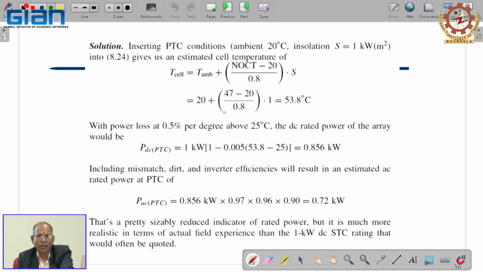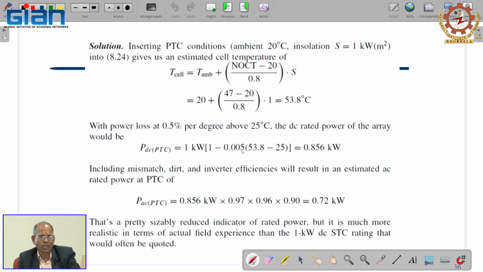Then based on that, we calculated the power output, how much power we are getting because of the high temperature. 1 kilowatt into 1 minus the power drop 0.5%, 0.005.